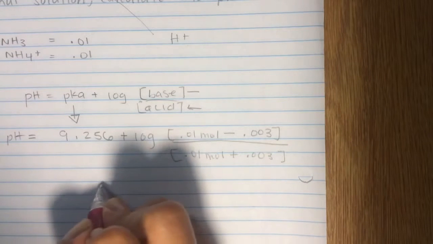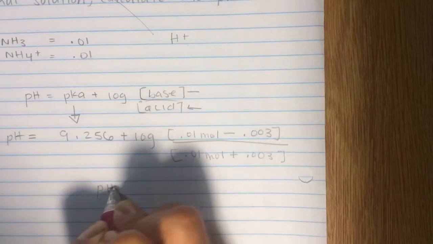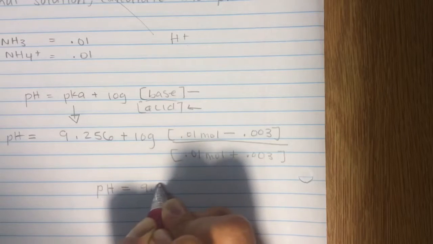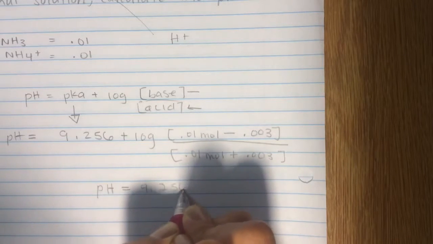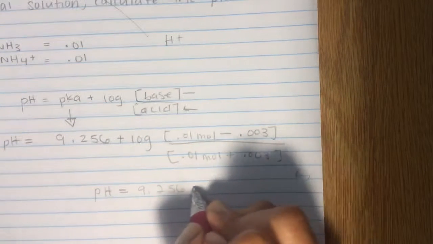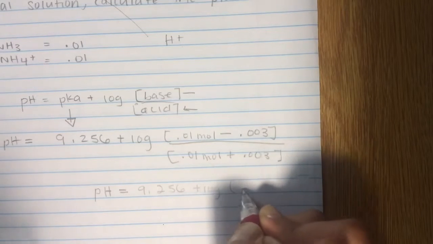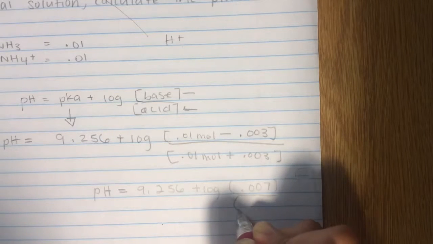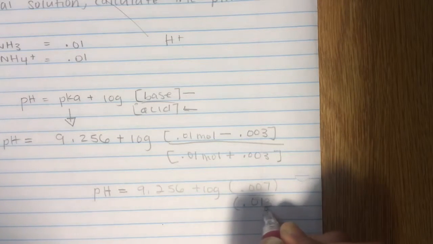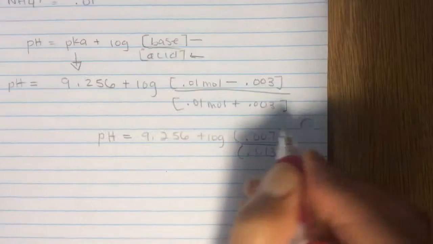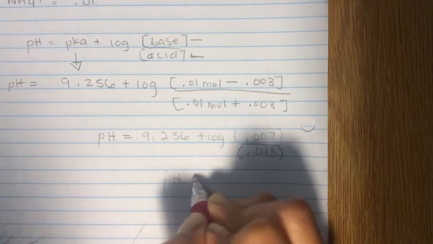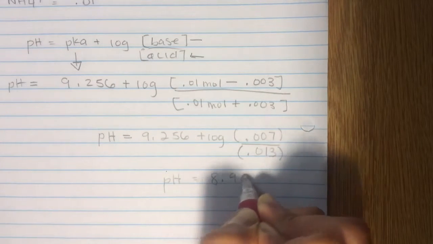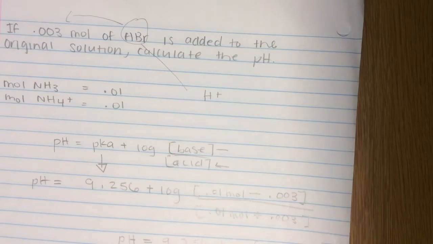So you just plug it into your calculator and you get 9.256 plus log of 0.007 moles of your base and 0.013 moles of your acid, and that gives you a pH of 8.99 after you add 0.003 moles of HBr to your original solution.